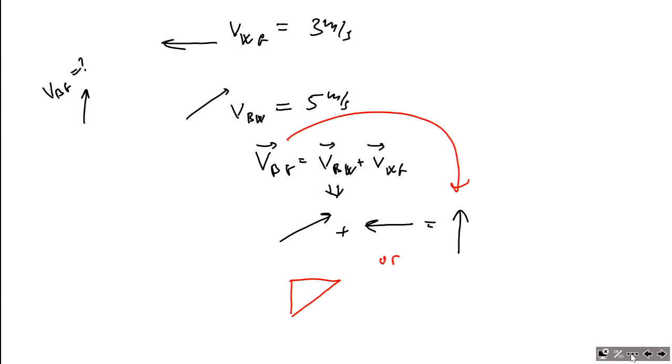This plus this equals that. And now we can just redraw the triangle. In this triangle, the long side equals 5. The horizontal short side equals 3. And that's what we're looking for.